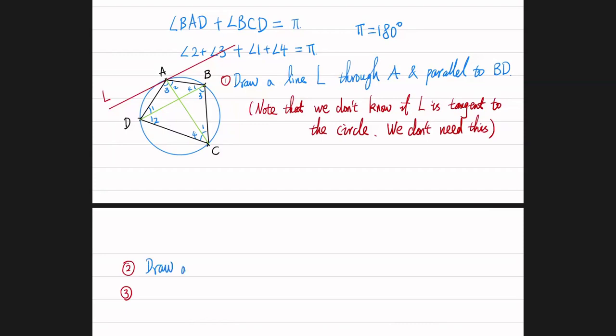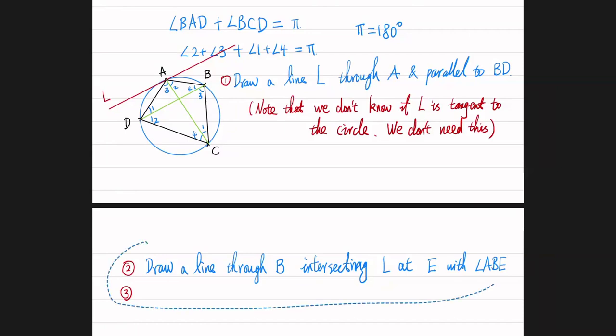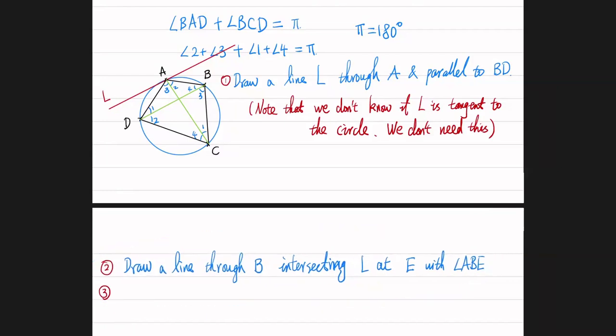Draw a line through B with the angle intersecting L at E, with angle ABE, angle 3.